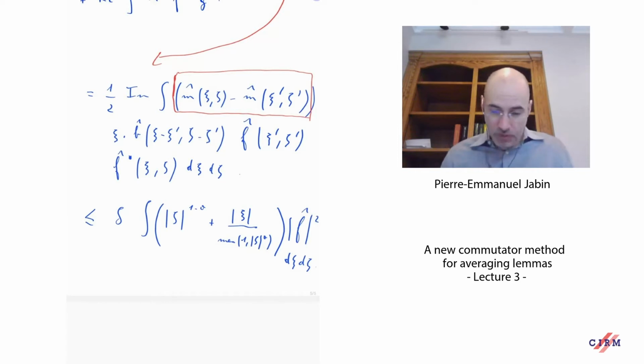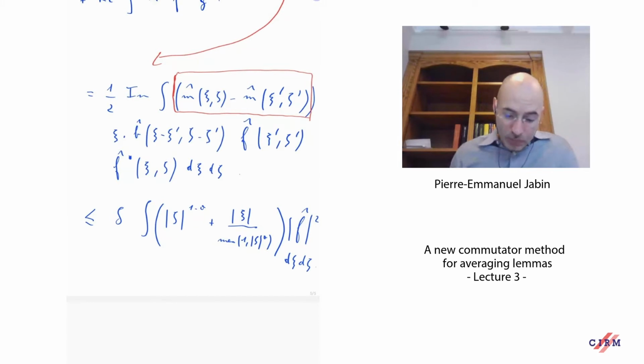Again, there's nothing very complicated, but it's not the point here. The reason the delta is coming is, of course, when you're going to do the Cauchy-Schwarz, right, you have this f hat of psi prime and this f hat of psi, you're going to get an f hat square of psi multiplied by 1.